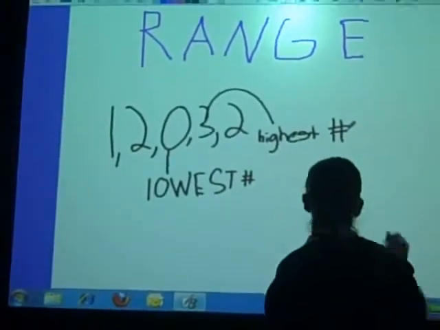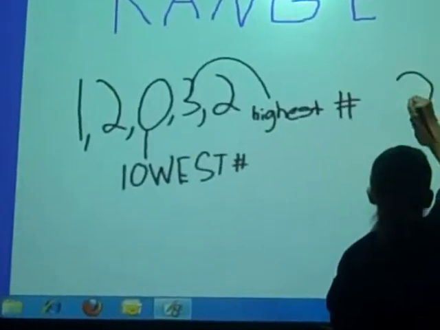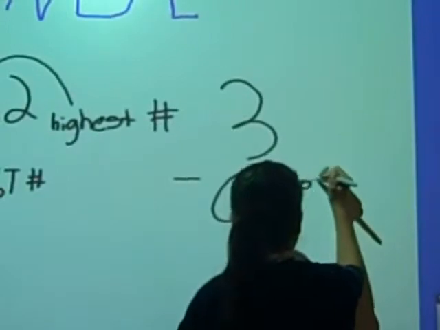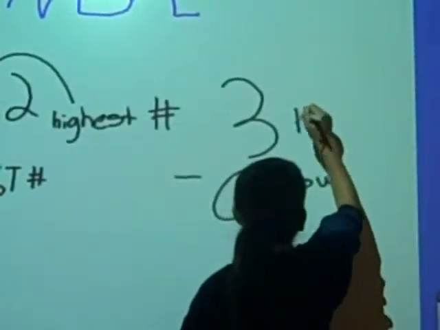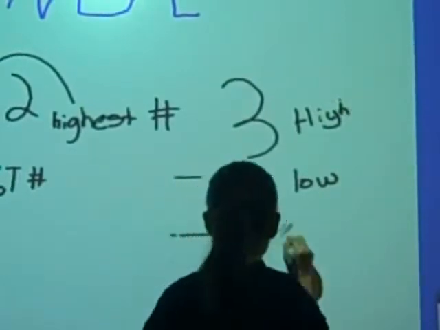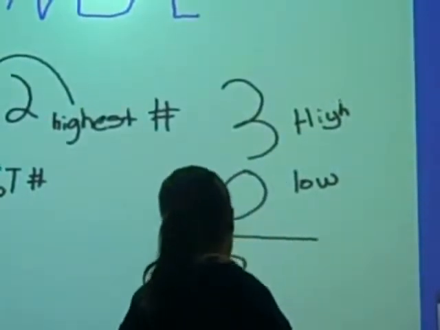Then we subtract 3 minus 0 equals 3. And so the range is 3.